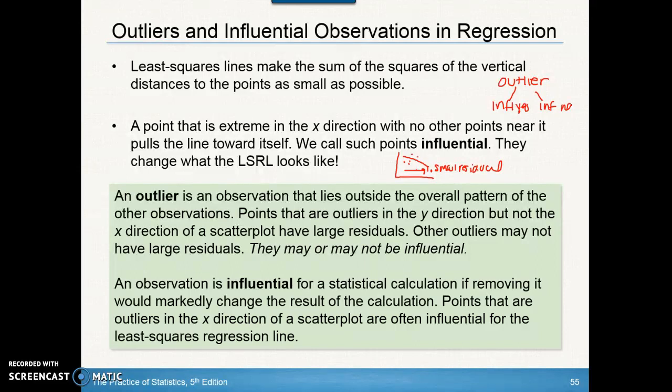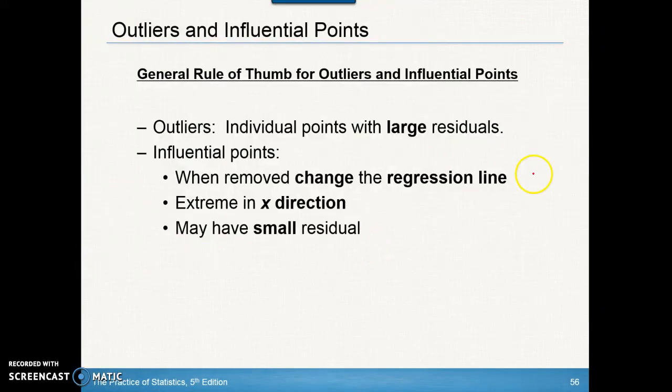An observation is influential if removing it changes the result of the calculation, changes your least squares regression line. Points that are outliers in the x direction are often your influential points, but you can't guess. You have to actually remove the data and see what happens. Then here's your general rule of thumb. Outliers are something with a large residual.